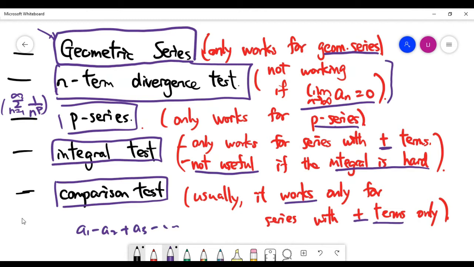The terms are positive, negative, and so on. It is called an alternating series. So we cannot directly use the integral and the comparison test. And of course, there's a big chance it is not a p-series. And there are many examples like this which are not geometric. And even worse, if you look at the individual term, maybe the limit is actually zero. So you cannot say anything about this.